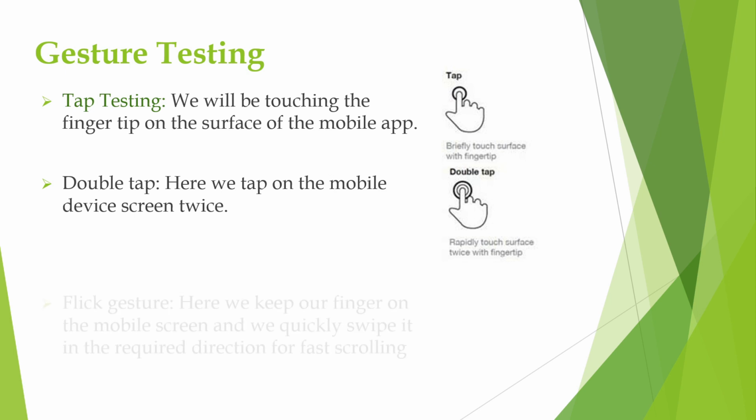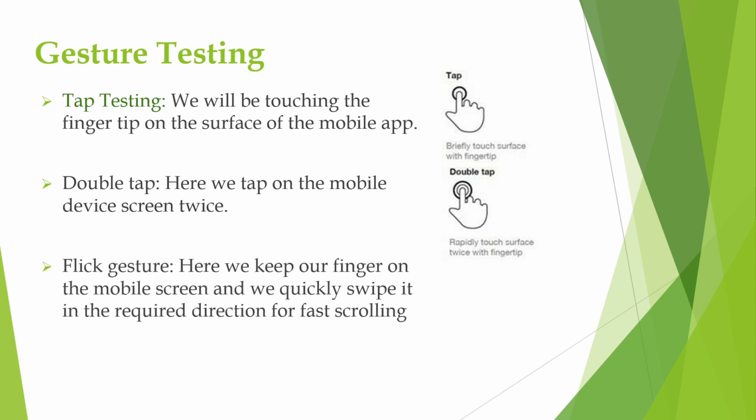Next is flick testing. Flick is one type of gesture. That is, whenever you want to do fast scrolling, it might be horizontal or vertical, we will do this gesture. That is, we will quickly brush the surface with our fingertip. Next is pinch testing.